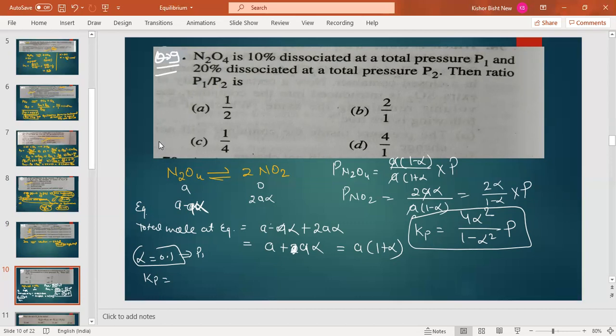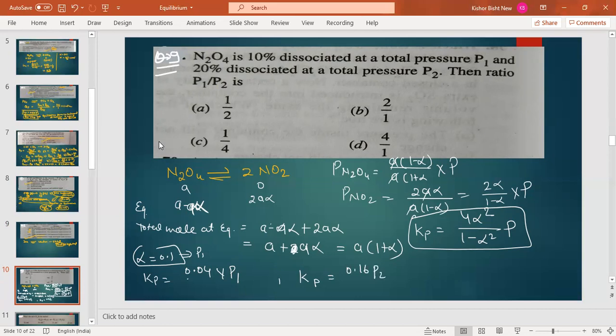So 0.01 you multiply and you will get 0.04, and neglect this, into P1. Second one is the same. If it is dissociated 20%, you will get 0.16 into P2.